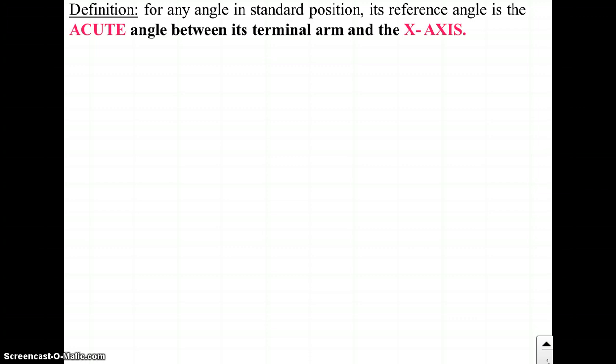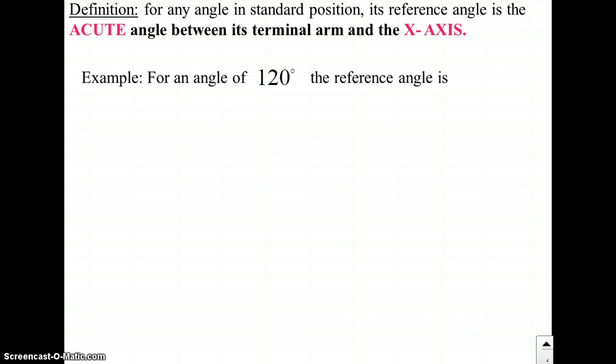All right, next definition. For any angle in standard position, its reference angle is the acute angle between its terminal arm and the x-axis. Acute angles we know are between 0 and 90. So if we have an angle of 120 degrees, the reference angle is, let's have a look.